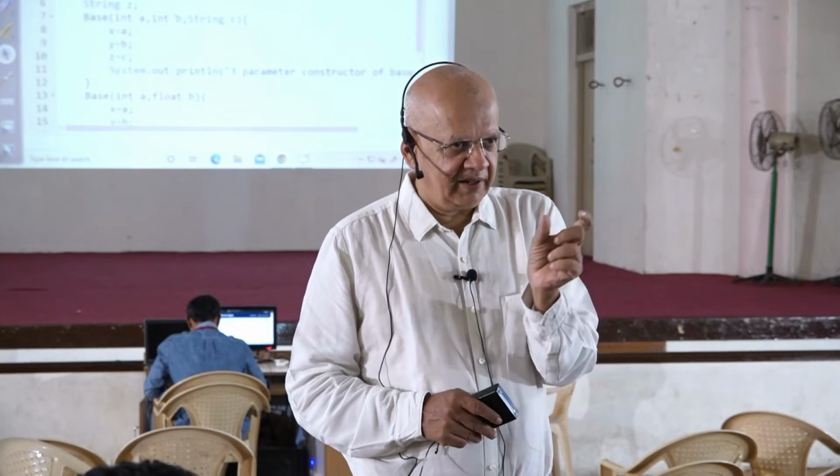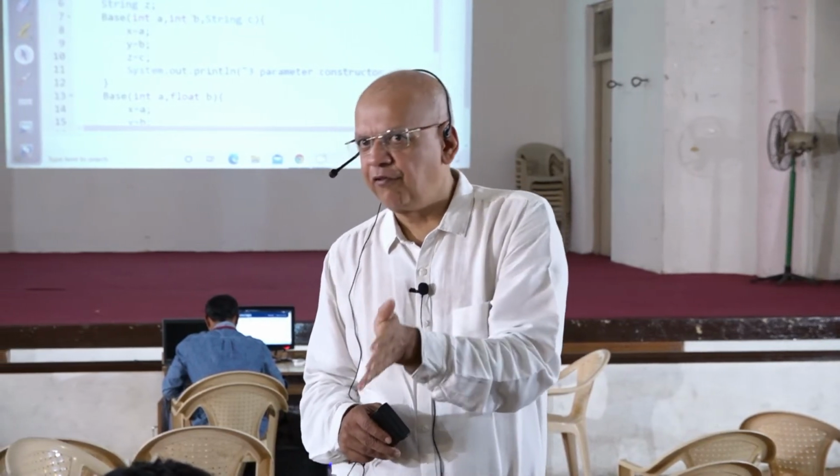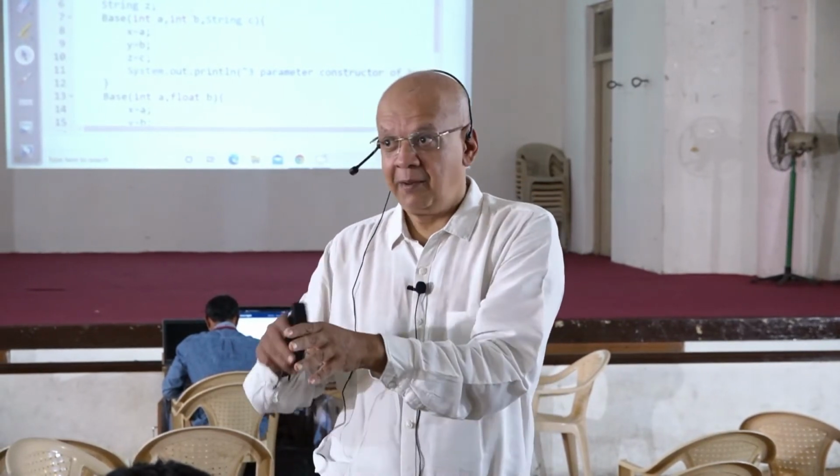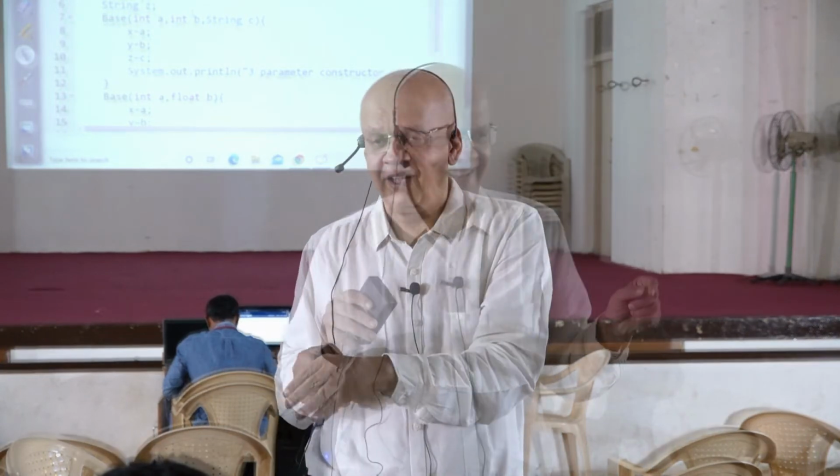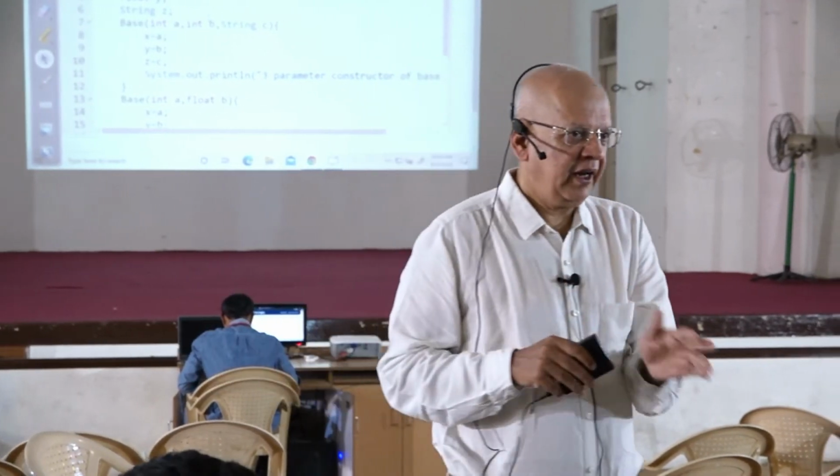Byte is 1 byte, char is 2 bytes, short is 2 bytes, int is 4 bytes, float is 4 bytes, but int is smaller than float. Byte, char, short, int. Int is smaller than float because float can hold a bigger value.